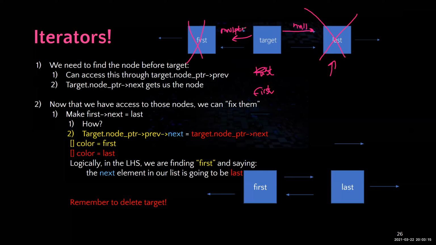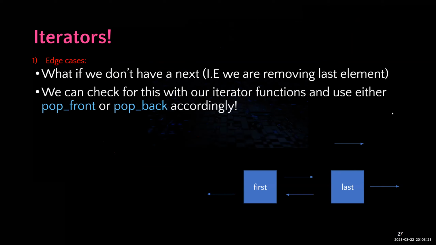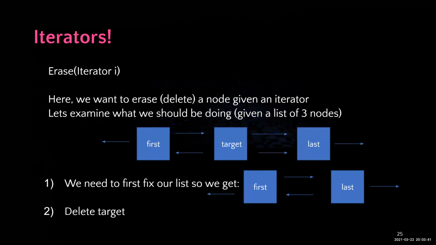Otherwise, if it's in the middle, go ahead and just do this algorithm right here. Oh yeah, or if it is on the edge, push pop front and pop back. Those work, so we can always reuse those. All right, any questions about erase?